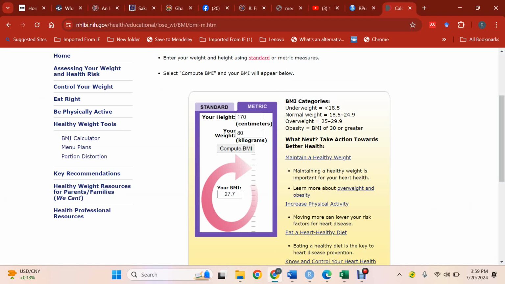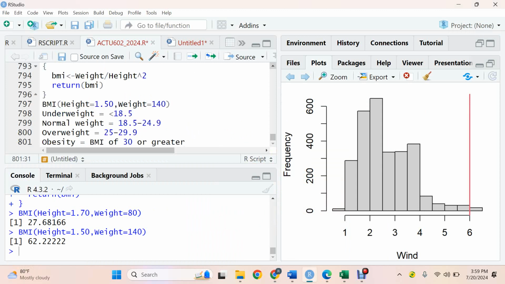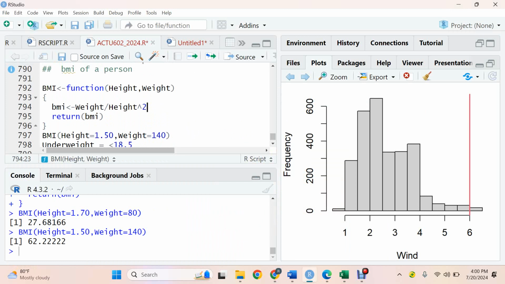We can do all this by copying this and putting it in the function. But here, if you want, you can also say tab. Then you bring in the weight, height, and then your BMI.